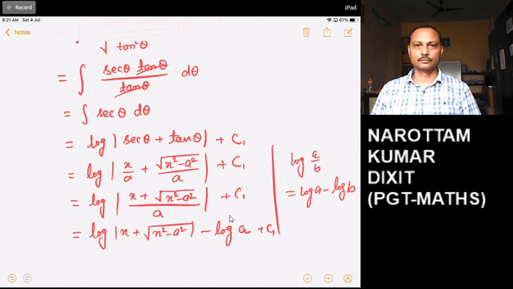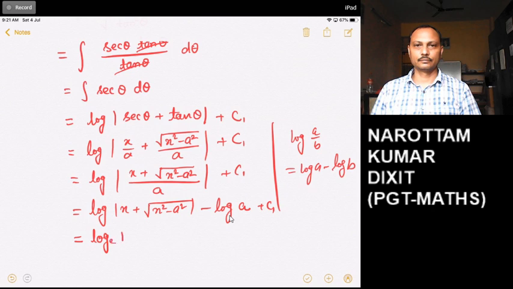Now log a is also a constant, c1 is a constant. So if we adjust these constants together and take another constant, that is c, then the formula is log of x plus under root x square minus a square plus c. Here the constant is c1 minus log a.